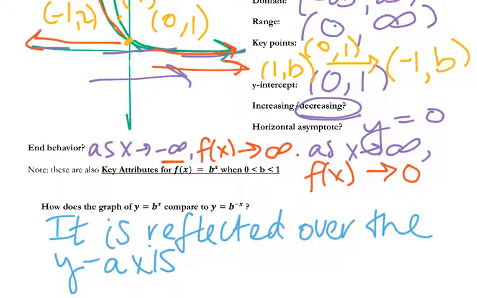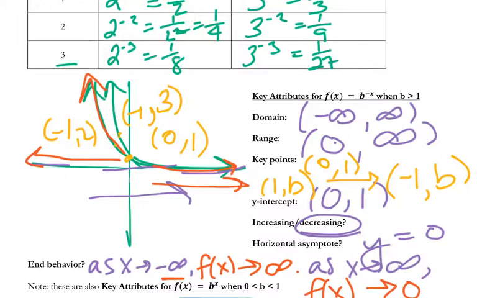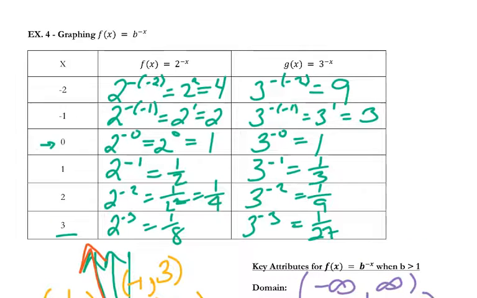Okay, another key thing to note, these graphs are actually the same for b to the x when b is between 0 and 1. So 2 to the negative x is the same thing as 2 to the negative 1 raised to the power of x. 2 to the negative 1 is 1/2.